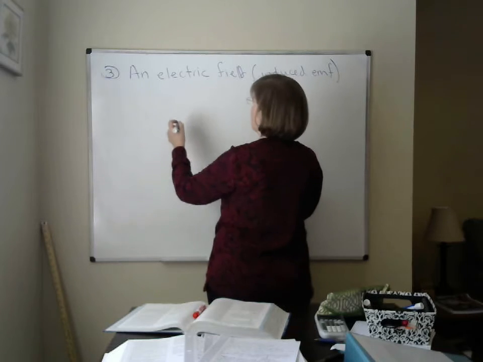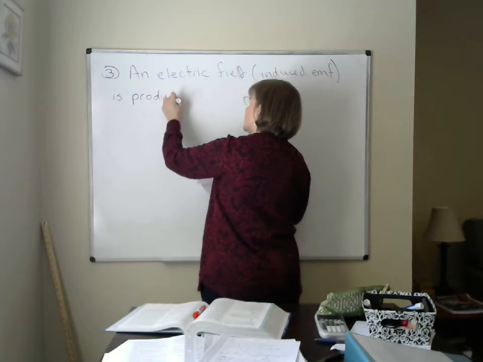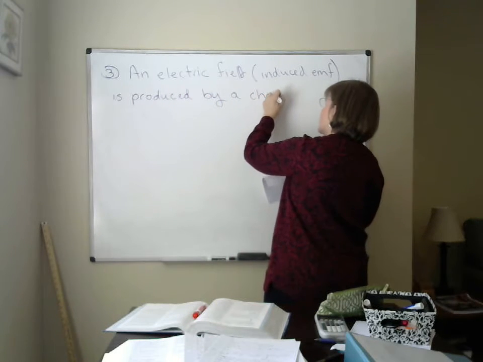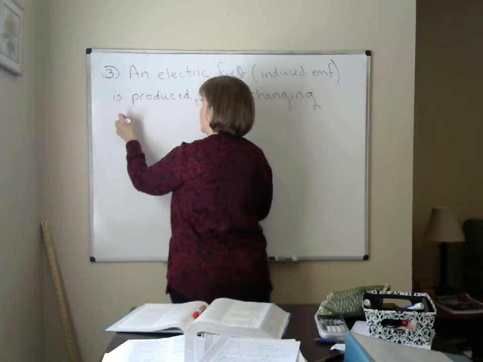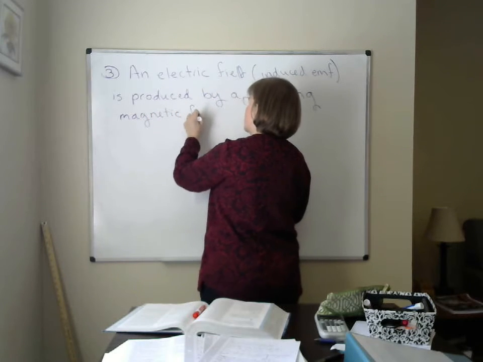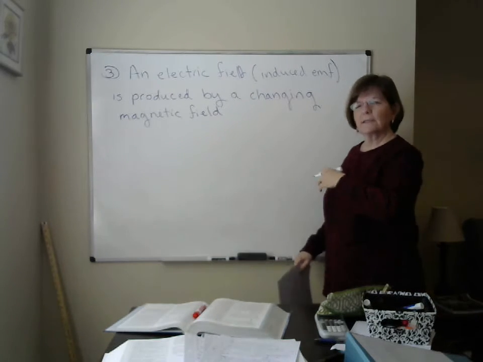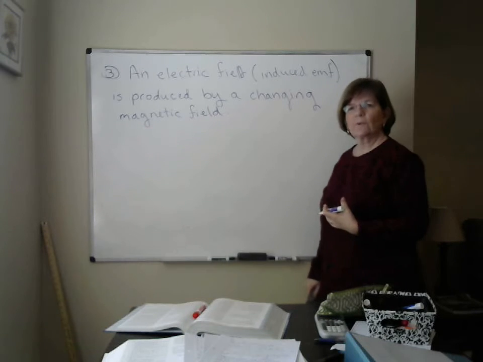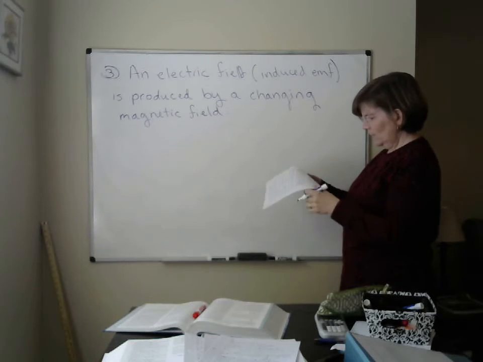It is produced by a changing magnetic field. A constant magnetic field does not produce electricity. It will not induce an electric field. It won't cause a current to flow. But we know a changing magnetic field will.